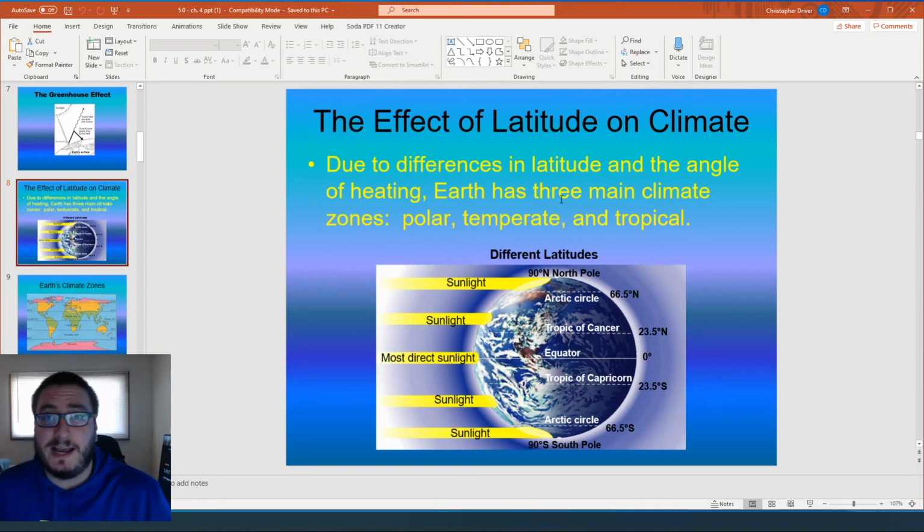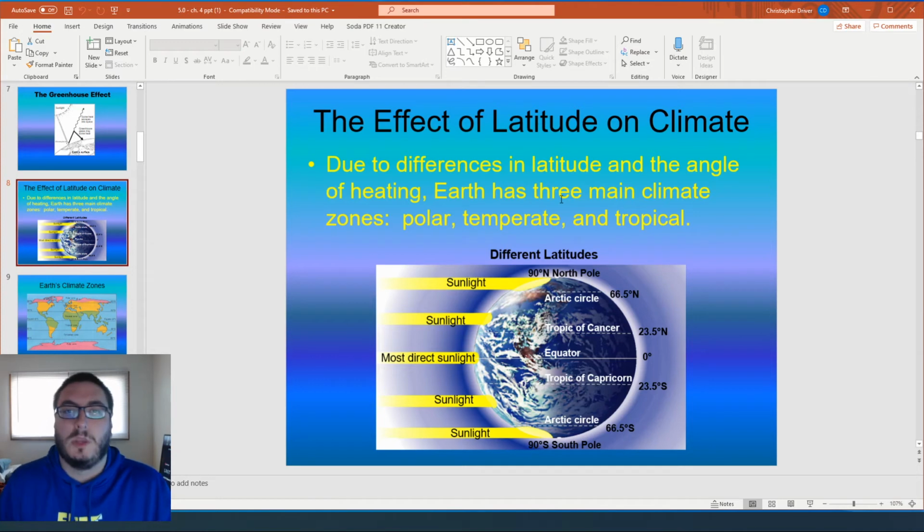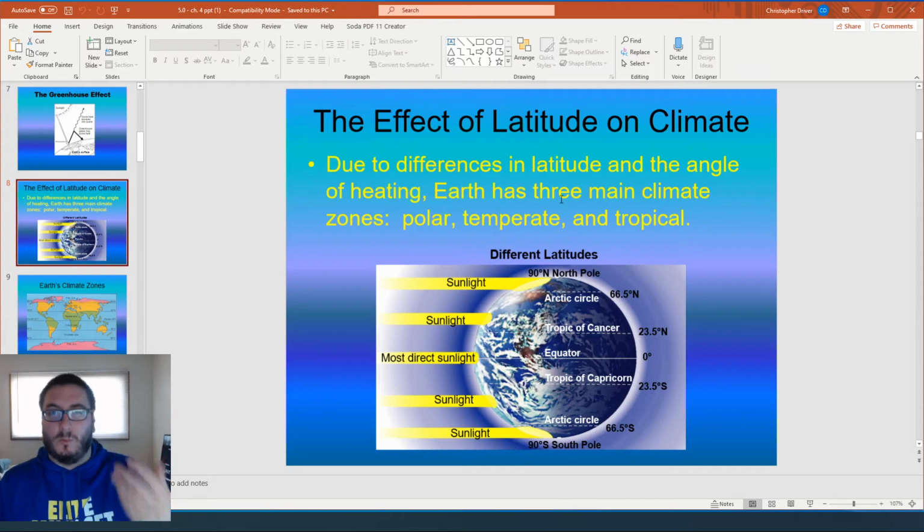When would be the best time to go out and try to get a tan? At noon, when the sunlight is most direct and it's hot, you're feeling it? Or would it be around 7 o'clock at night when the sun's kind of going down, you see it at an angle? Is it warmer then, or is it warmer during noon?